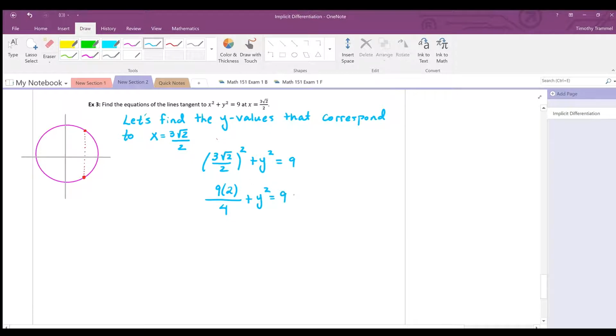And we could take this a step further. y squared is equal to 9 minus 9 halves. And 9 minus 9 halves is actually just 9 halves. And so we can finally solve for y here by using the square root property.